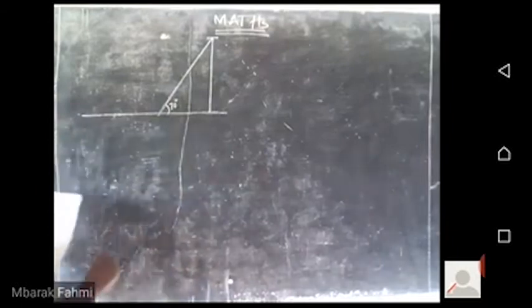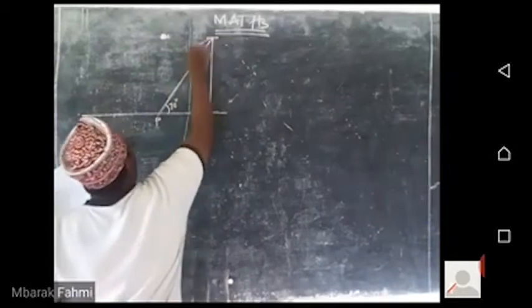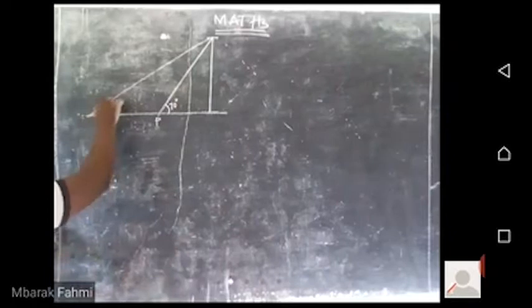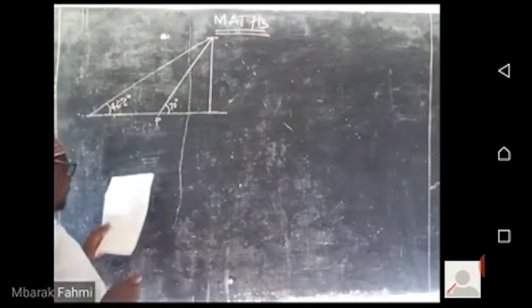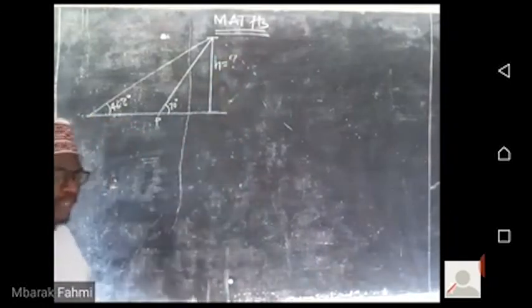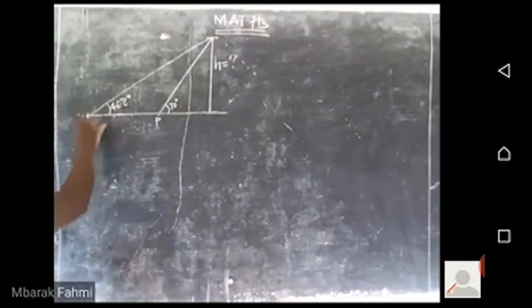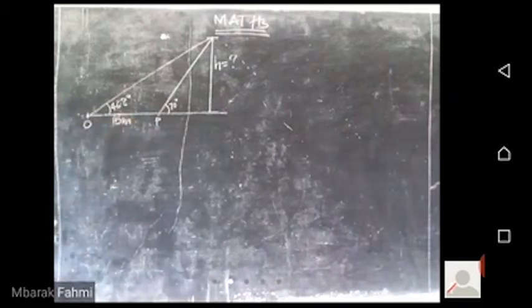And then Omondi, who is a bit far from the building, sees it at an angle of 46.8 degrees. If the building, Paul and Omondi lie on the straight line, calculate the height of the building. Remember, we are told these people were 15 meters apart.